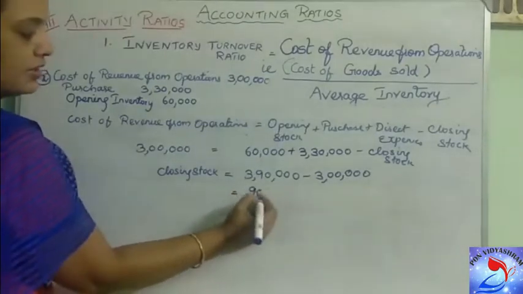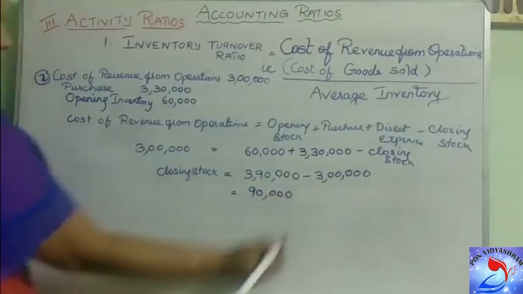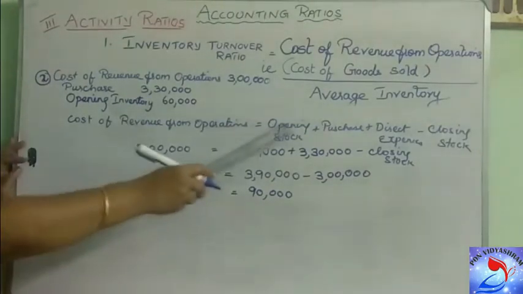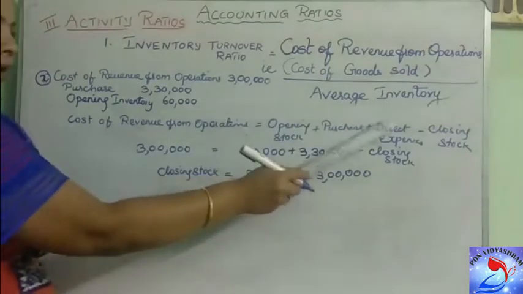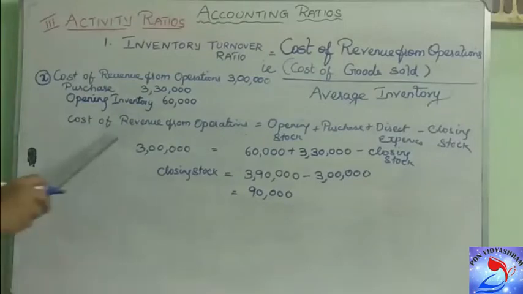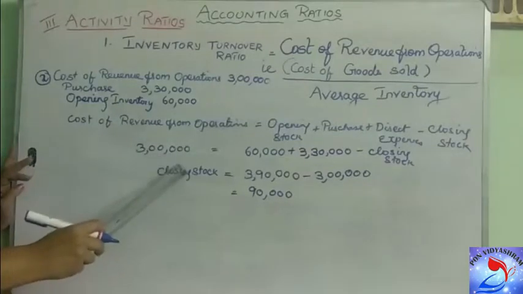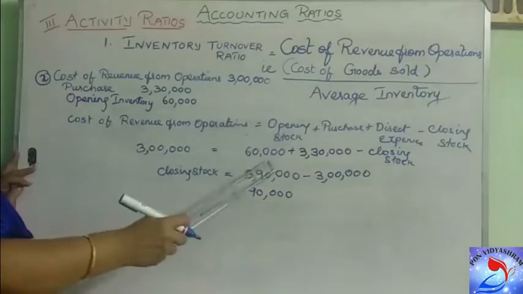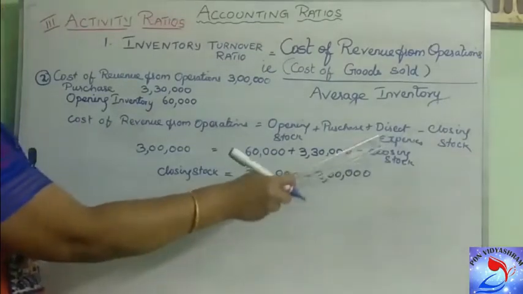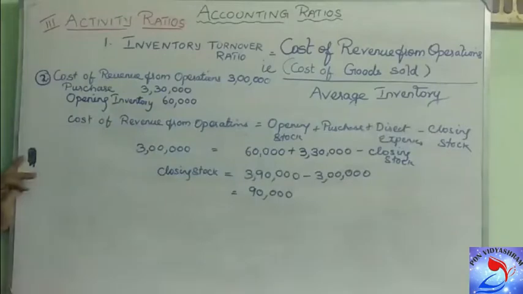Your closing stock is 90,000. Now how did I do it? I applied the formula of cost of revenue from operation, that is opening stock plus purchases plus direct expenses minus closing stock. Now I have the revenue from operation as 3 lakh, opening stock is 60,000, purchases 3,30,000 minus closing stock. Since we don't have direct expenses, we have not taken them.